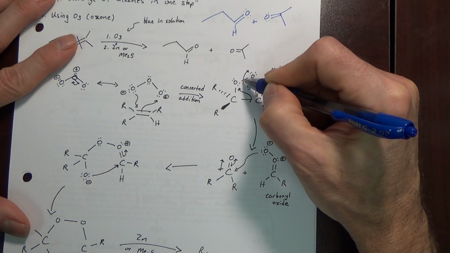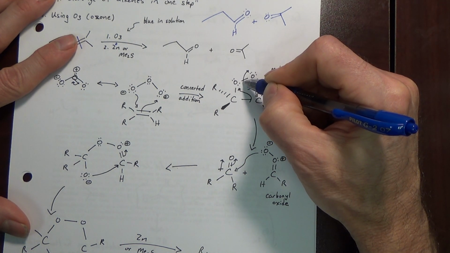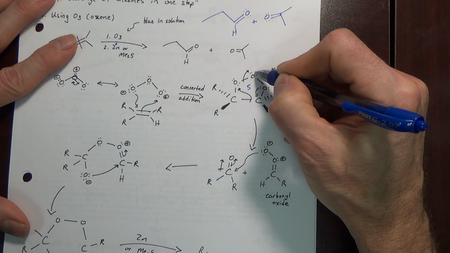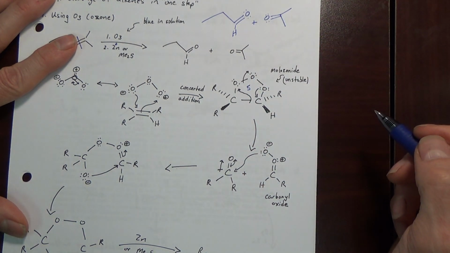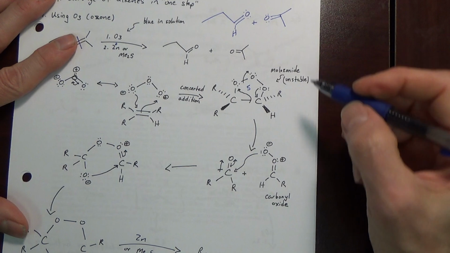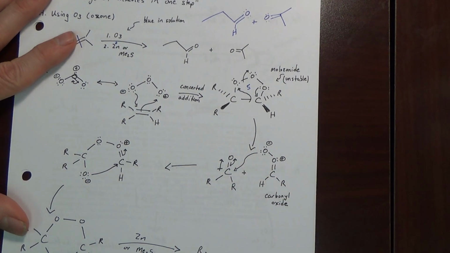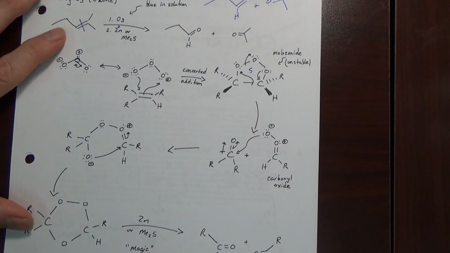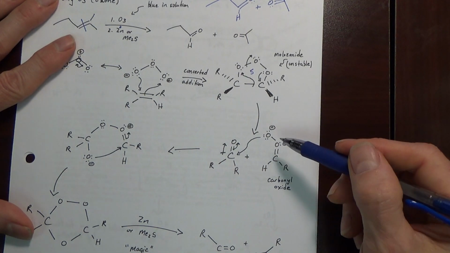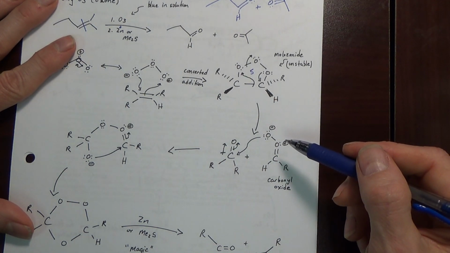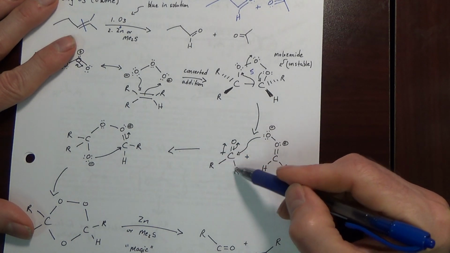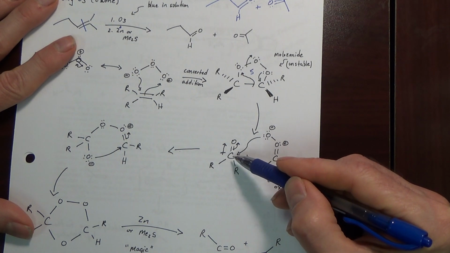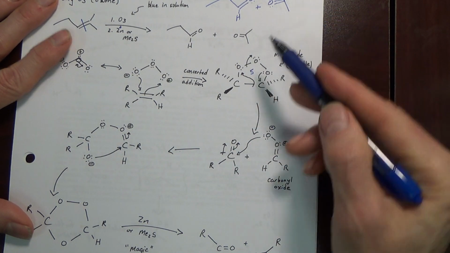And when these move up, this sigma bond gets pushed onto oxygen. And this arrow movement gives these 2 molecules. There is one product, in this case, the ketone.